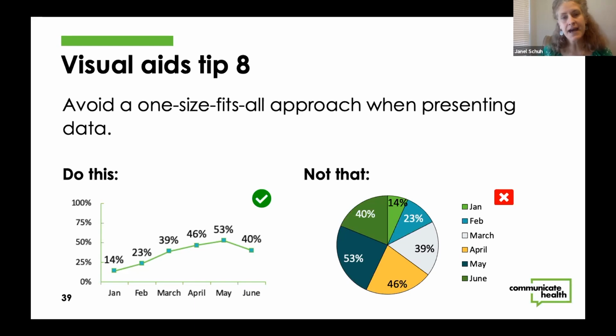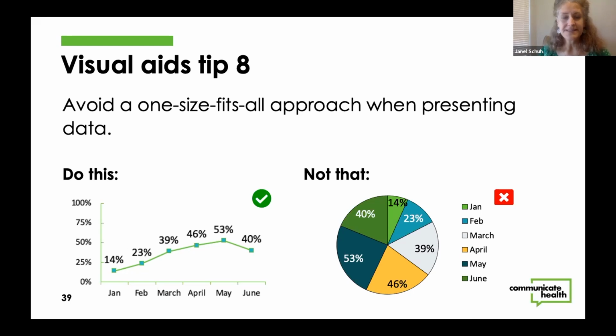You're not going to find a color scheme that is going to work all the time. You really need to think through how your particular audience, for this particular topic, for this particular number, is going to respond and what's appropriate. So here it says avoid a one-size-fits-all approach.